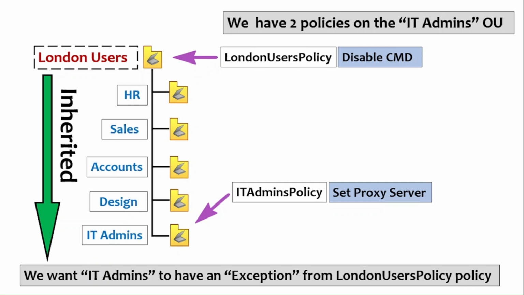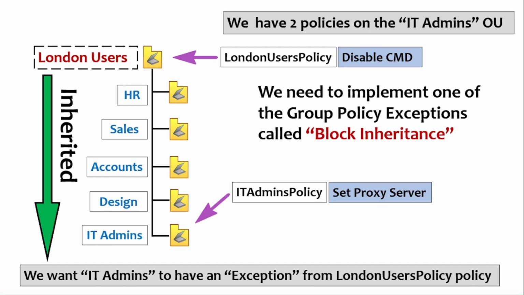In layman's language, we don't want the London users policy to be applied on the IT admins OU. We want an exemption, because as an IT admin, I don't want the command prompt to be blocked. So how do we achieve this task?